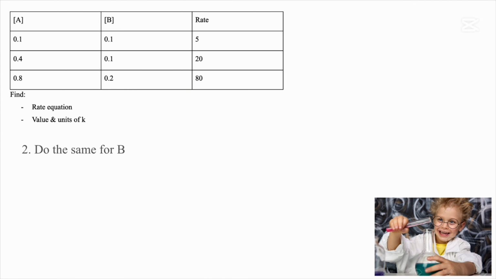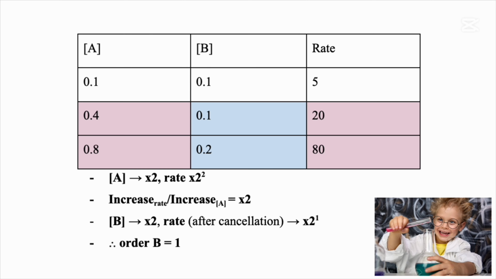Now, we will do the same thing for B. As you can see here, we have a little problem because there are no constant concentrations for A. So what do we do? We need to cancel out the effects of A on the rate before we work on B. We already know that the order for A is 1.